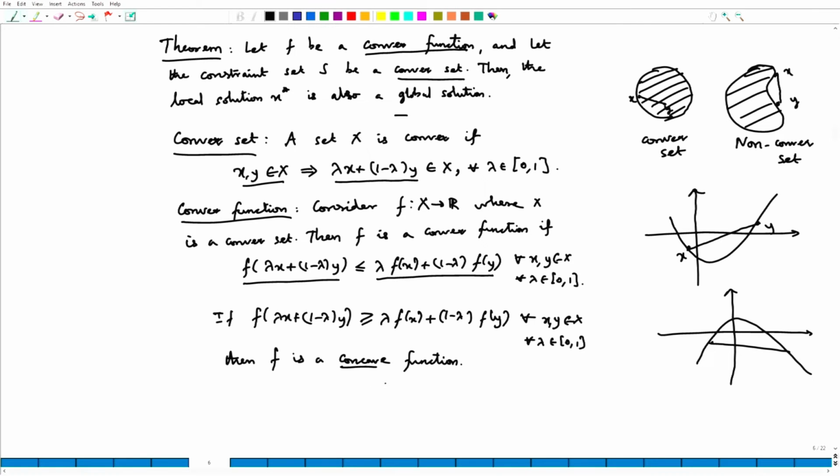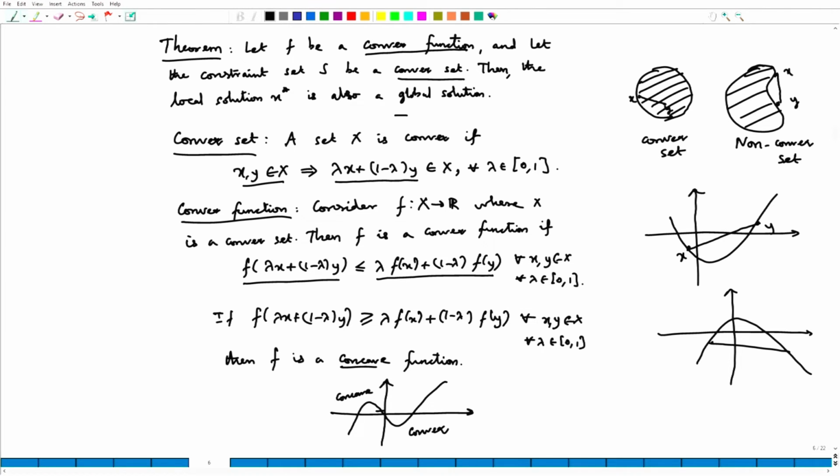So, for example, you can have functions like this. You can see that up till here it is concave, and in this part it is convex. So, you could have functions of this sort as well.